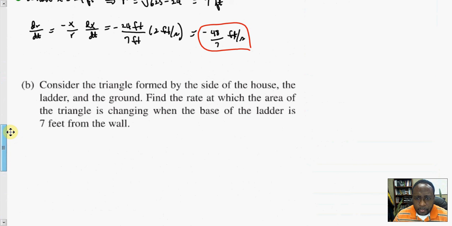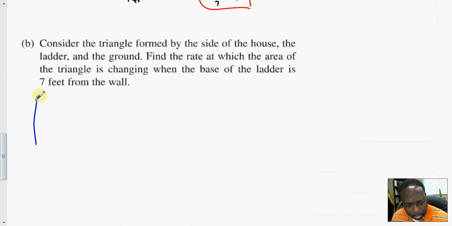Okay, here, consider the triangle formed by the side of the house, the ladder, and the ground. Find the rate at which the area of the triangle is changing when the base of the ladder is 7 feet from the wall. So again, we consider this triangle, the base is 7 feet.